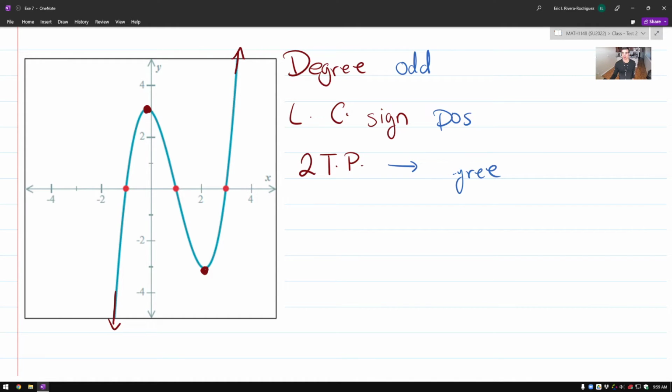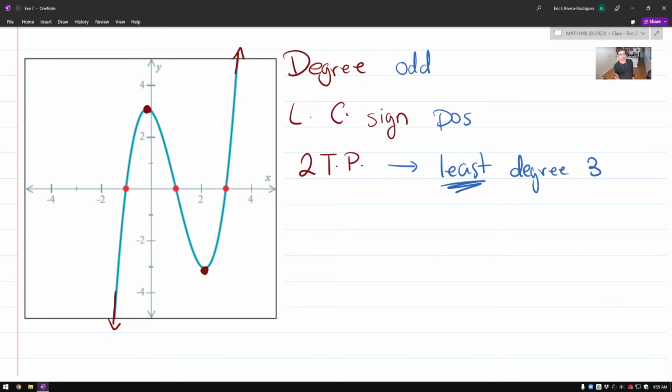Okay. So how are we going to describe this? The important word here is at least, degree of at least 3. Why at least? Our degree could be greater than the number of turning points. But it's never going to be equal to the number of turning points or less than it.